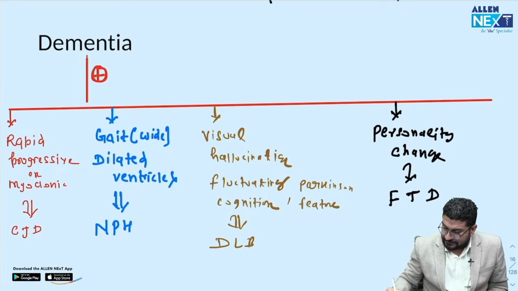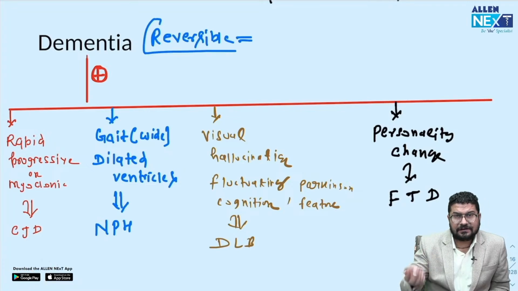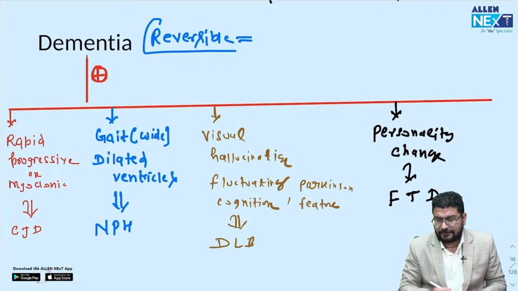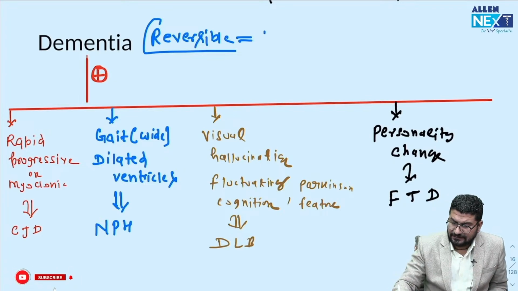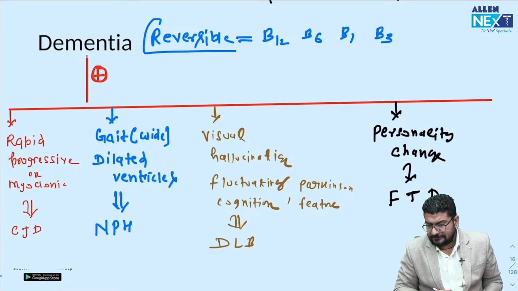And they can sometimes also ask where we see reversible dementia. So remember, in treatable causes we can see reversible dementia. Where we can treat the cause, I can say B12 deficiency, even B6 deficiency can cause dementia, B1 deficiency can cause it, and B3, niacin, pellagra: diarrhea, dermatitis, dementia, death.